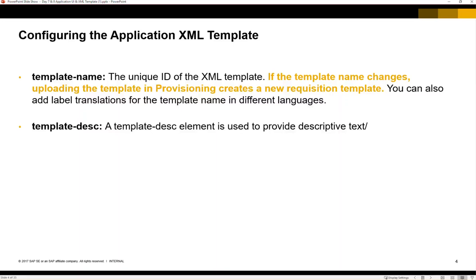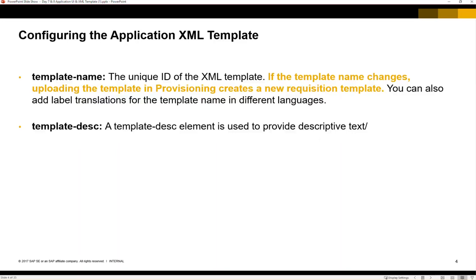What this means is that if, for example, you change the template name on upload, the system will go, oh, there are no other templates in the system with this same name, so I will create a brand new template. So it's really important that you do not change the template name. If you want to modify the exact same template, just make sure you do not change the name. But you are able to make some changes to things like the labels or the translations.